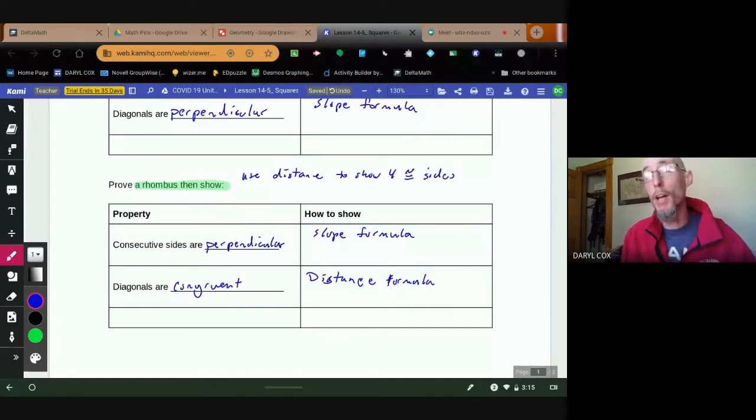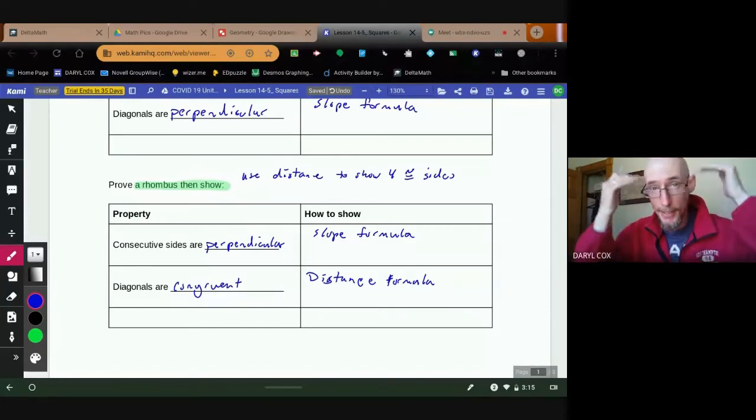So again, it's possible to use all distance formula to prove it's a square. Find the distance of all four sides, find the distance of the diagonals. So all four sides are congruent, show the diagonals are congruent, you're done. So there's multiple methods to do this. That's why I need to see your work, so I can actually see what's going on in your brain when we do these.